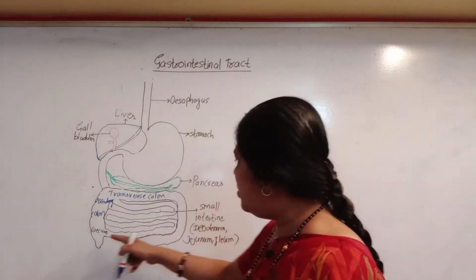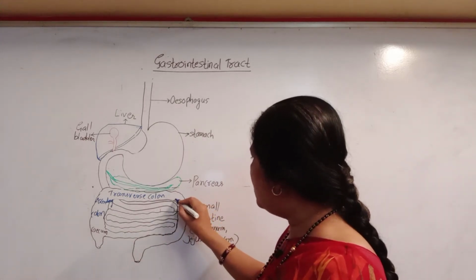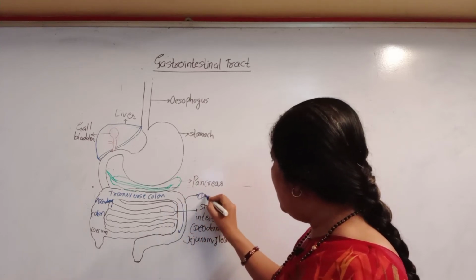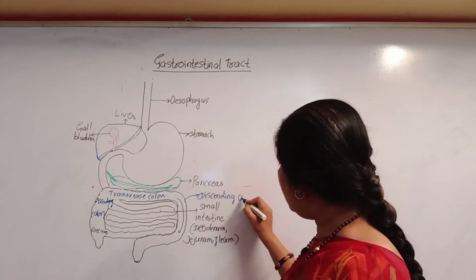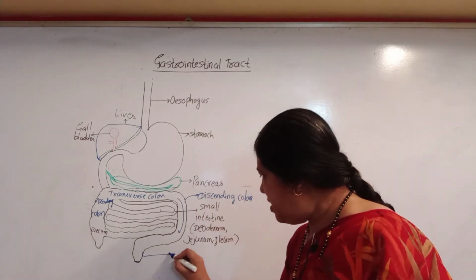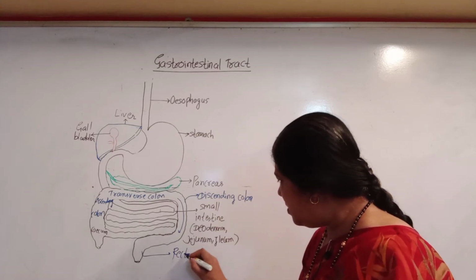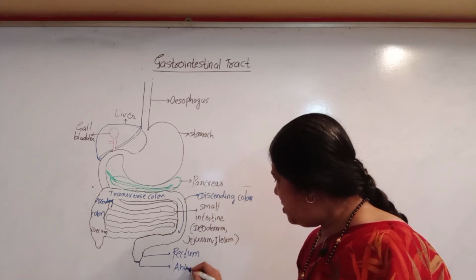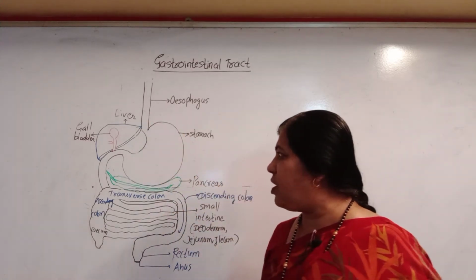This is the descending colon, here I am giving the label. And this part of the large intestine is the rectum, and this is the anus. So this is a diagram of the gastrointestinal tract or alimentary canal.